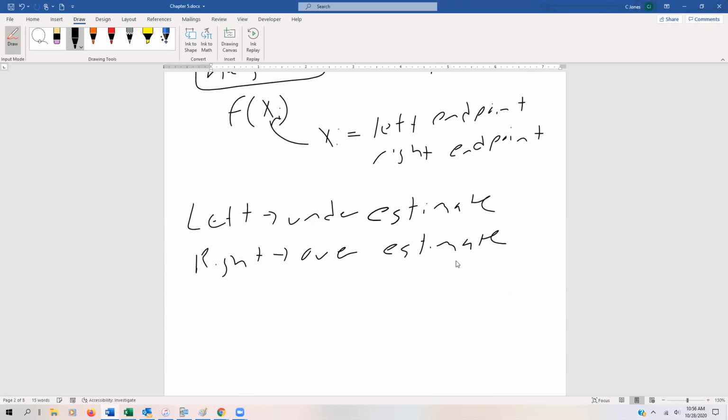Basically what we'd like to do is add these areas up to get a sum. And that's what we call the Riemann sum. The Riemann sum is just going to be the approximation of the area.